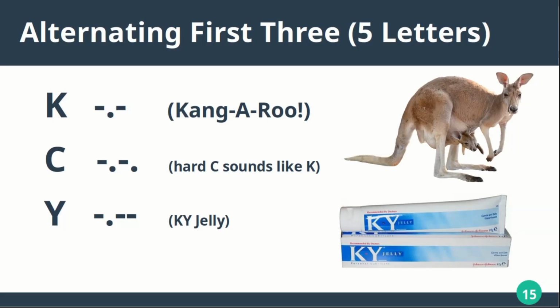I don't know if anyone else has heard of it, if you're from another area of the world watching this video. But K, if you just add a dash after it, that is a Y. So that group is solidly embedded in your head, and that's KCY.